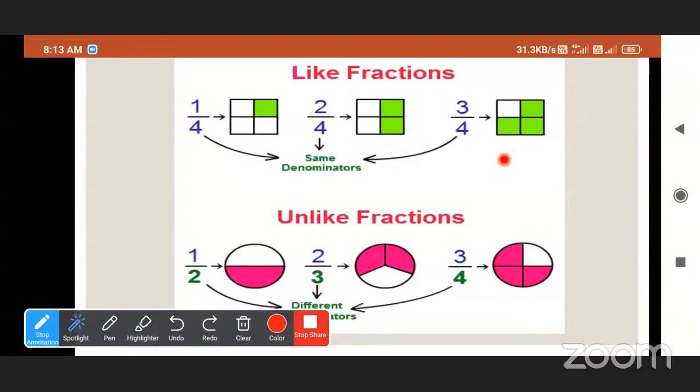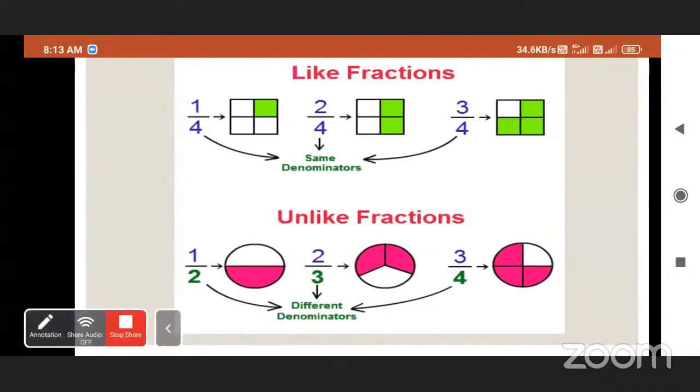Now see the unlike fractions. 1 upon 2, the second one, 2 upon 3, and the third one, 3 upon 4. So here we observe that the denominators are different.